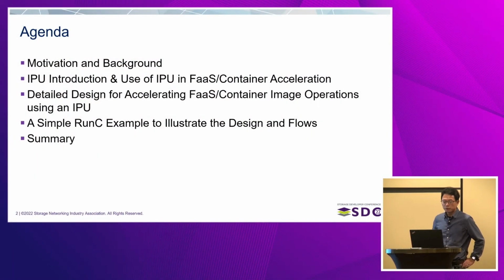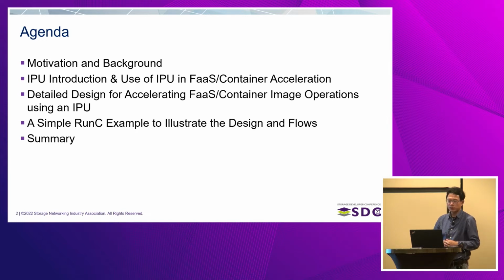A quick overview of today's agenda. First, I will spend a few minutes to provide some background and explain the motivation behind this idea and the proposal. Then I'll talk about how the IPU can be used to help accelerate some function as a service workloads.